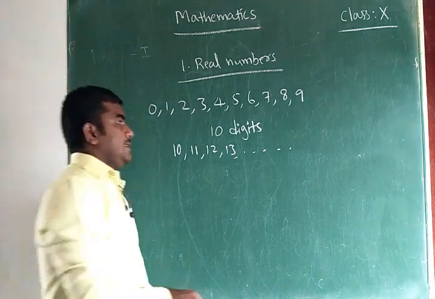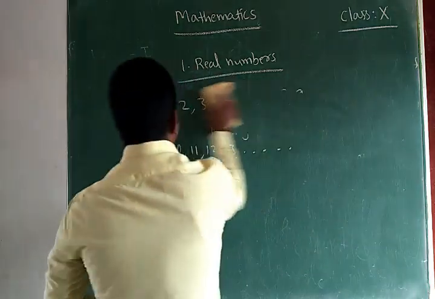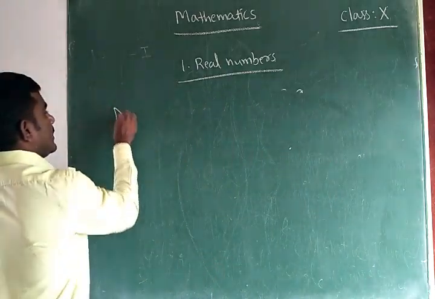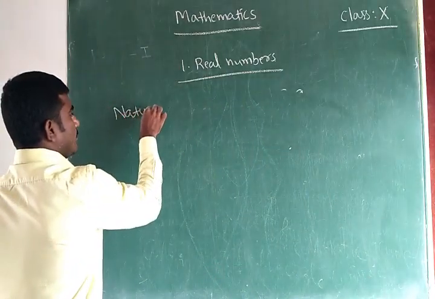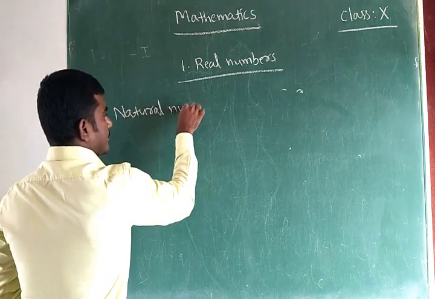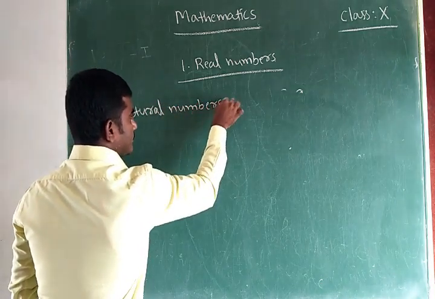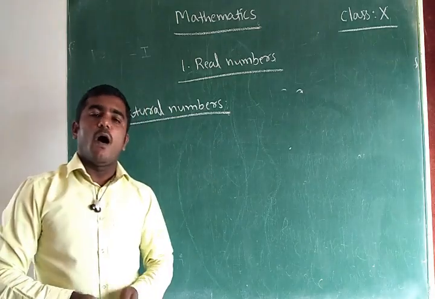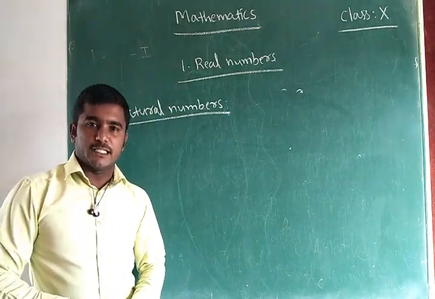Next, natural numbers. What are natural numbers? All counting numbers are called natural numbers.